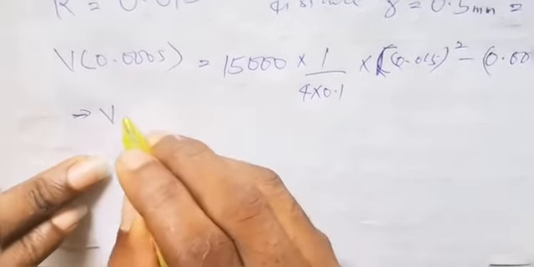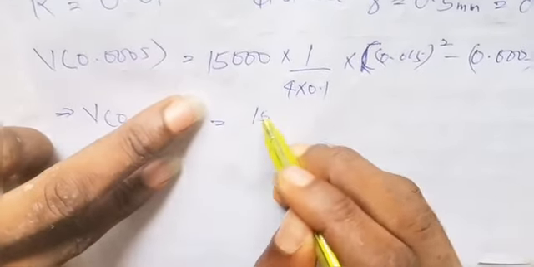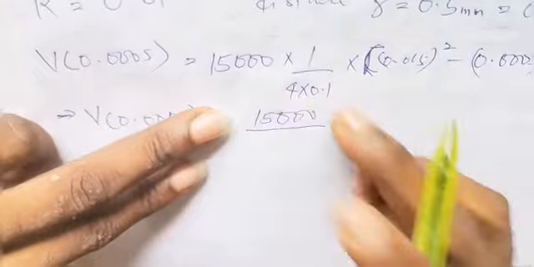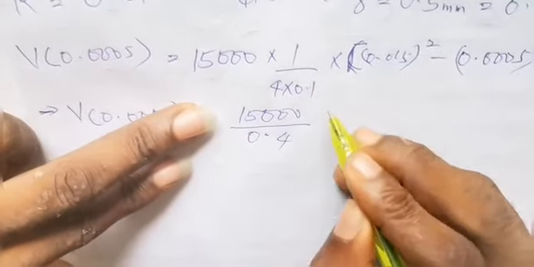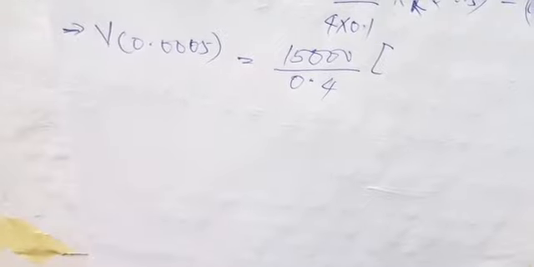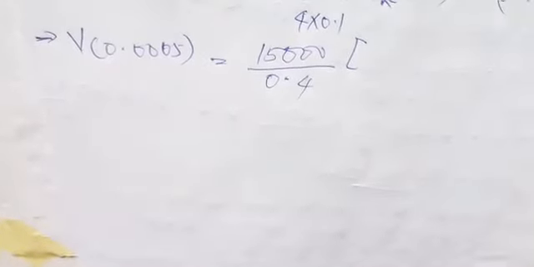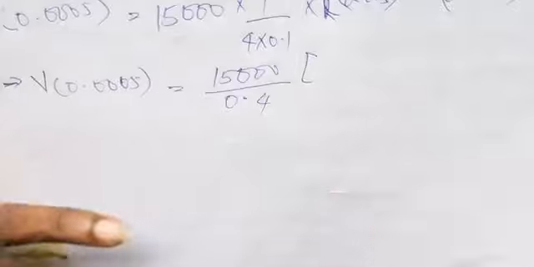So this implies that velocity at 0.0005 is equal to 15,000 over 4 times 0.1, which gives us 0.4, times 0.015 squared minus 0.0005 squared. I'll do all of them together. This gives us 2.2475 times 10 to the power of minus 4.